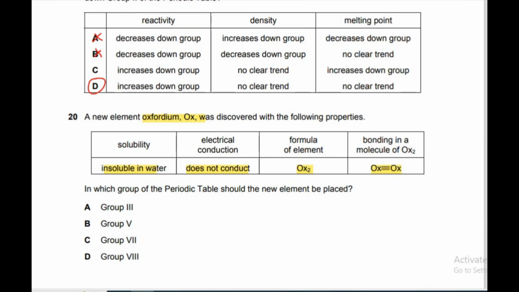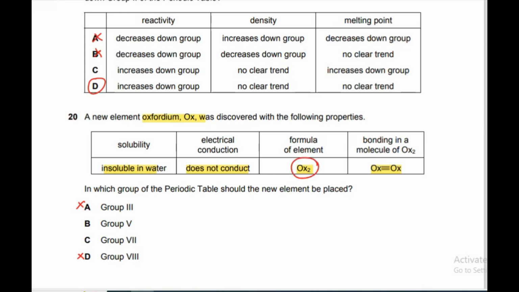Group three elements are generally metals, so they do not exist as two atoms joined together. So this is not possible. Group eight elements do not react. So group five and group seven are possible because they exist as two atoms joined together.